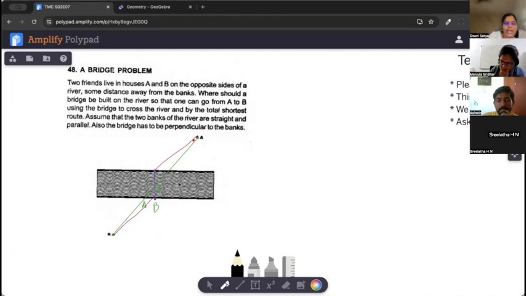So the solution, I'll tell you what was given in the book. I can't even think whether it's equivalent. Is it equivalent? I don't know.